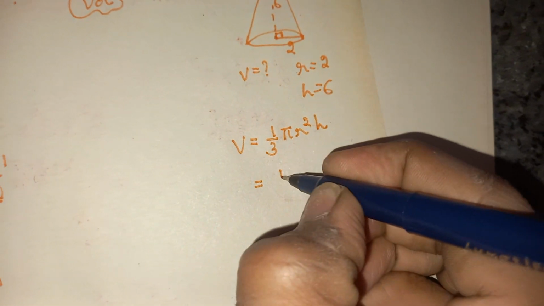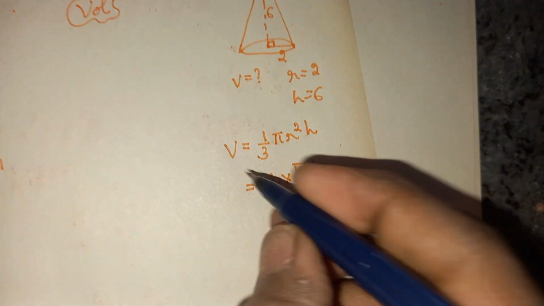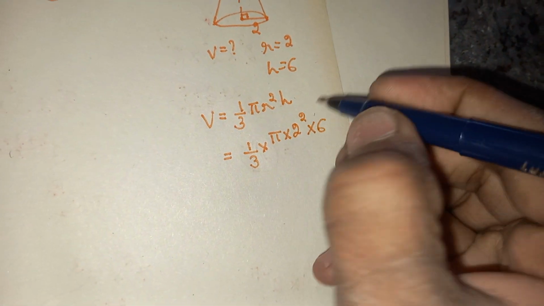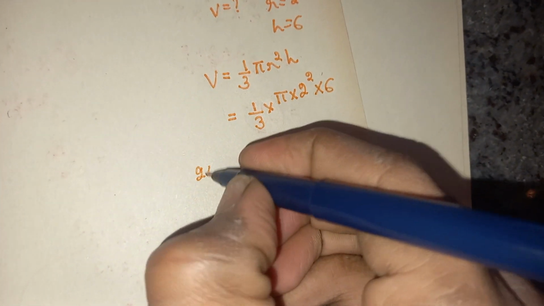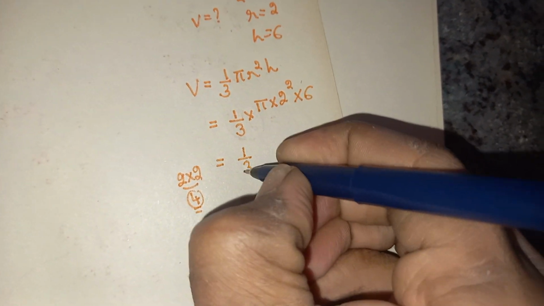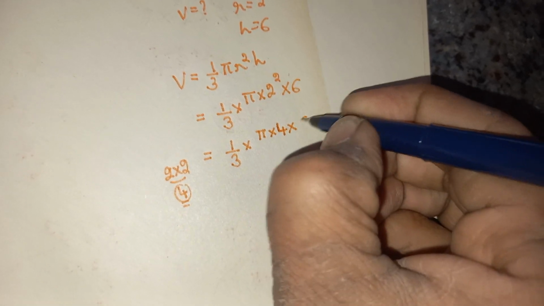So you're going to get 1 by 3 times pi times the radius, 2 units, so 2 square, times the perpendicular height, which is 6 units. 2 square means 2 times 2, which becomes 4. That equals 1 by 3 times pi times 4 times 6.